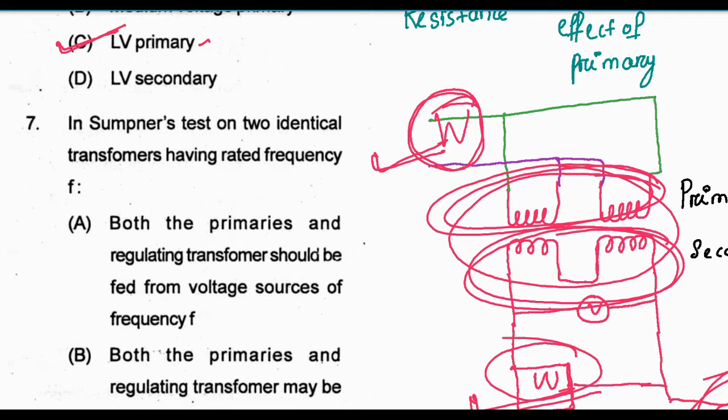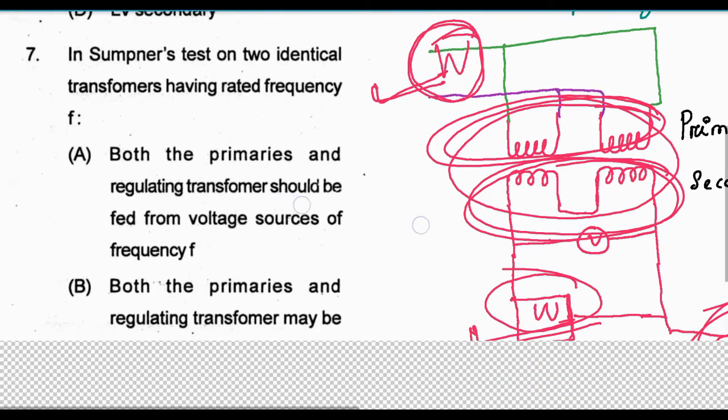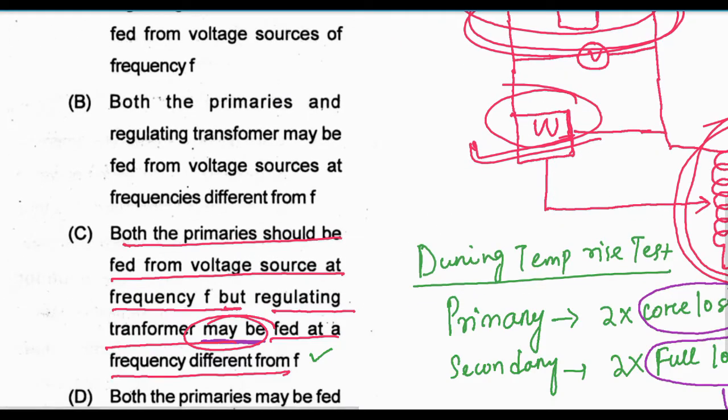So to consider the rated parts, we always have to consider the rated frequency of the transformer. It is mandatory to provide the voltage source of rated frequency to the primaries, but it is not mandatory to provide a voltage source or variac of rated frequency to the secondaries, which are connected in series opposition manner. So option C is the correct answer.